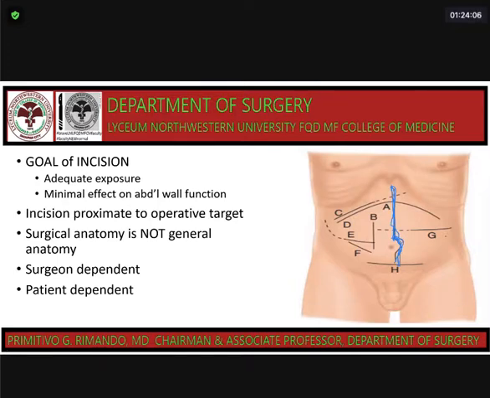Okay. So we always start with the fresh areas, because there is a possibility that you have adhesions in the previous incision site.